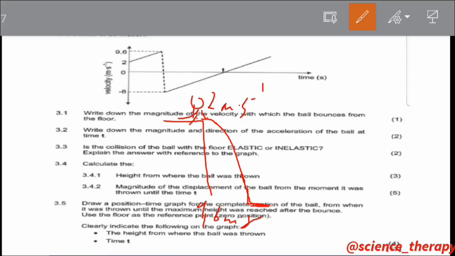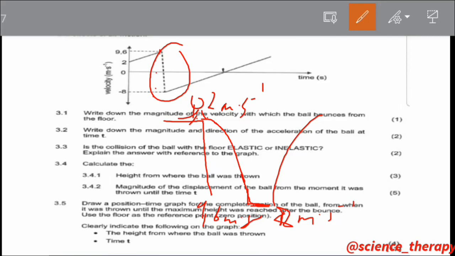So it bounces off with a velocity of 8 meters per second, which is what we are observing here. You can even see the slant on the graph to indicate that there is some contact time with the ground there. So the graph is not going straight like that. That is to indicate that the collision is inelastic, right?